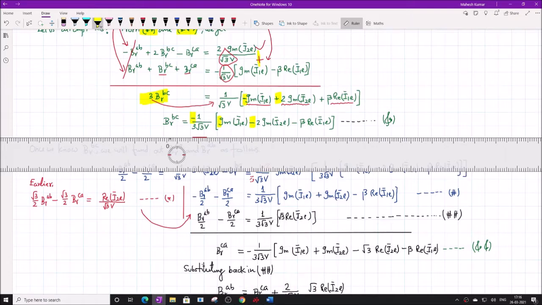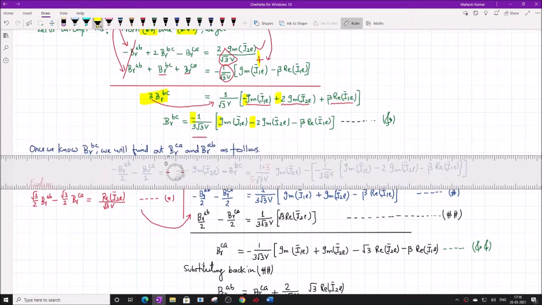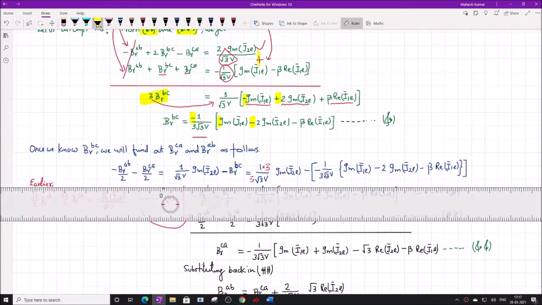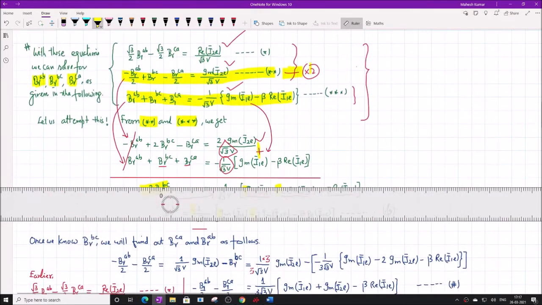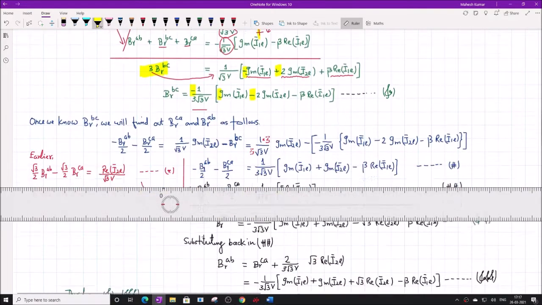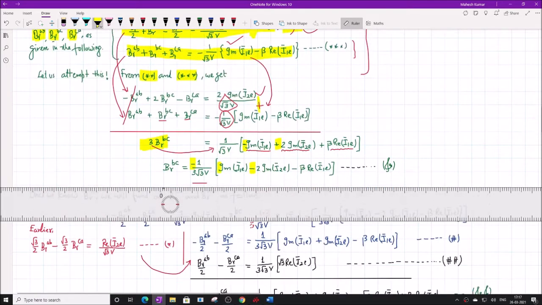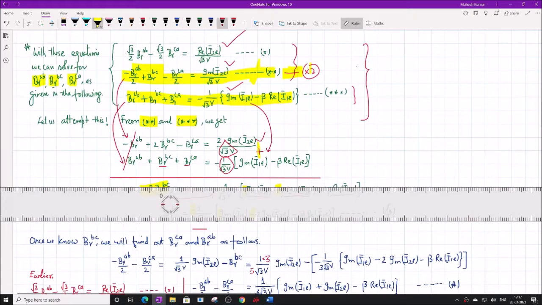Now we know B gamma BC, then we can solve for B gamma CA and B gamma AB. How? We can substitute back this B gamma BC into the equation second star, that is this equation. So minus B gamma AB minus B gamma CA, it basically means this plus this.